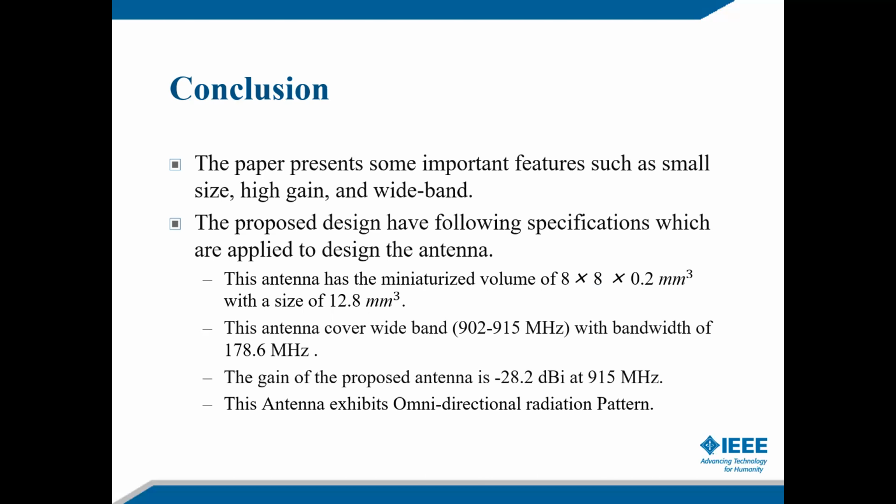In a microstrip patch antenna, we cannot normally achieve an omnidirectional radiation pattern. Instead, we are using some techniques. In this design, we have used a shorting pin to miniaturize the size, and also to convert the directional radiation pattern to an omnidirectional radiation pattern.